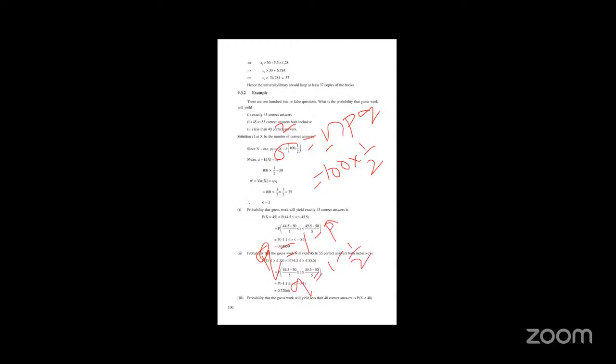So q is also equal to half. So the answer becomes 50 and 25, so sigma square is equal to 25.